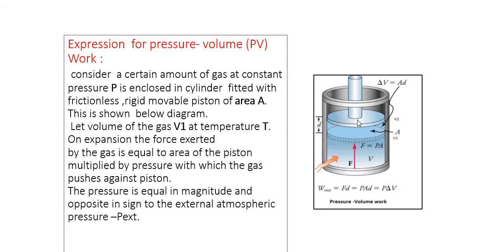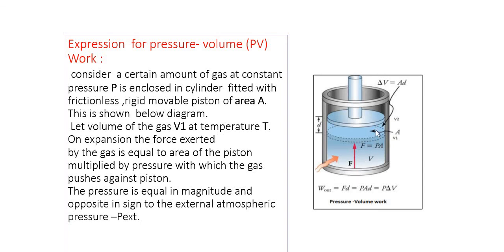Let us assume the volume V1 at temperature T, and the expansion force exerted on the piston takes it to volume V2. The force of the gas is equal to the area of the piston multiplied by the pressure of the gas.